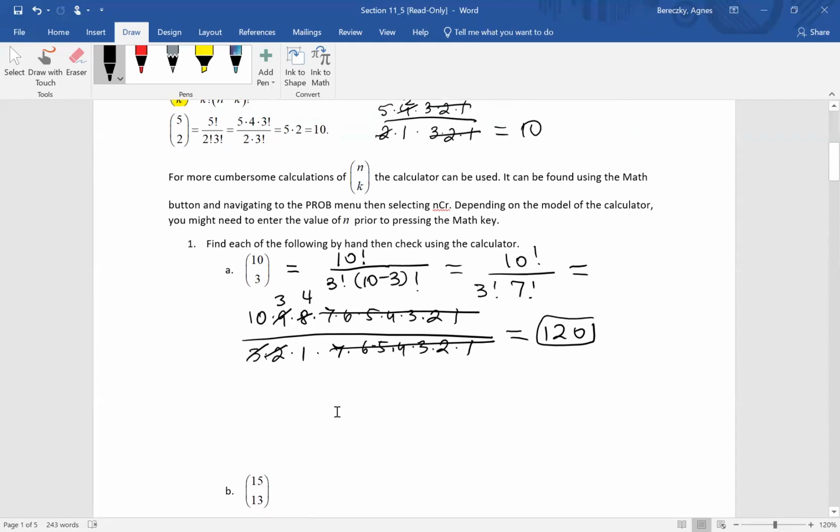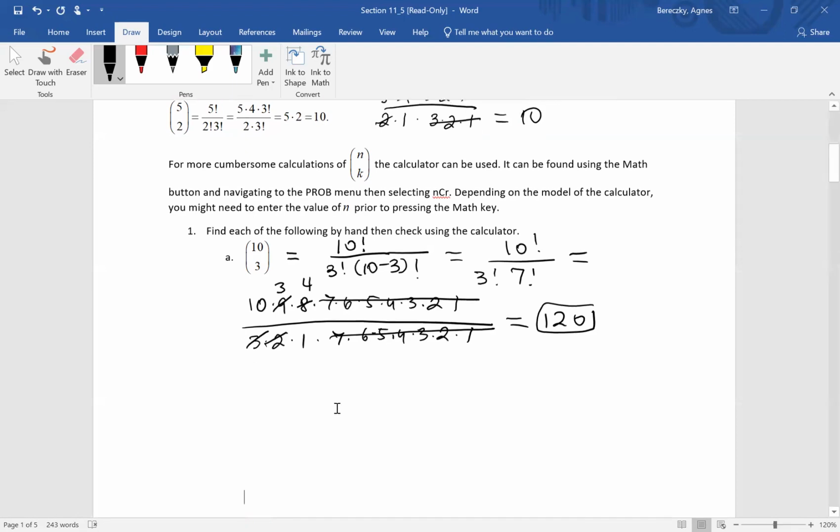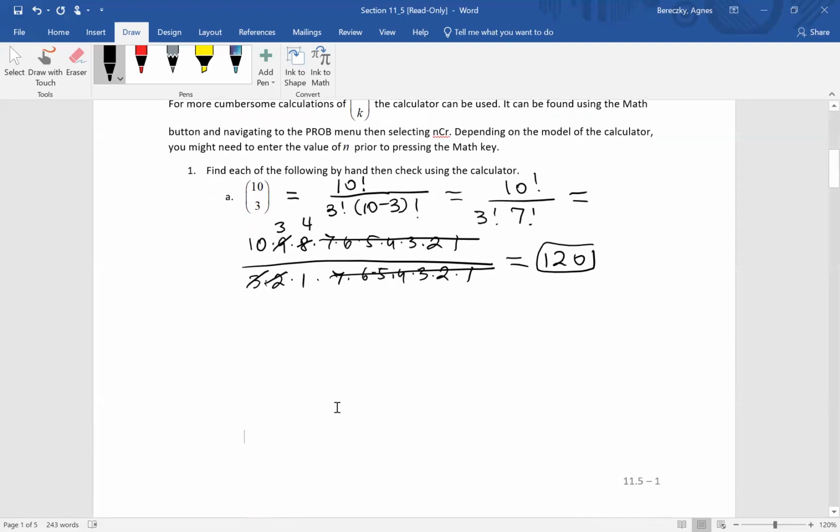If you have a TI-84 or TI-83 calculator, this is how you can use it to find this value. If you have a different calculator, you can always Google and find a YouTube tutorial that will show you how. So on the TI-84, turn on your calculator and type in the number 10, because we are doing 10 choose 3.